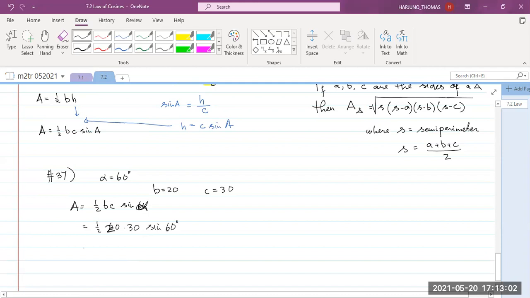Oh, by the way, 60 is a special angle, so when you compute, you need to use the exact value. Okay, so that will be 150 square root of 3.